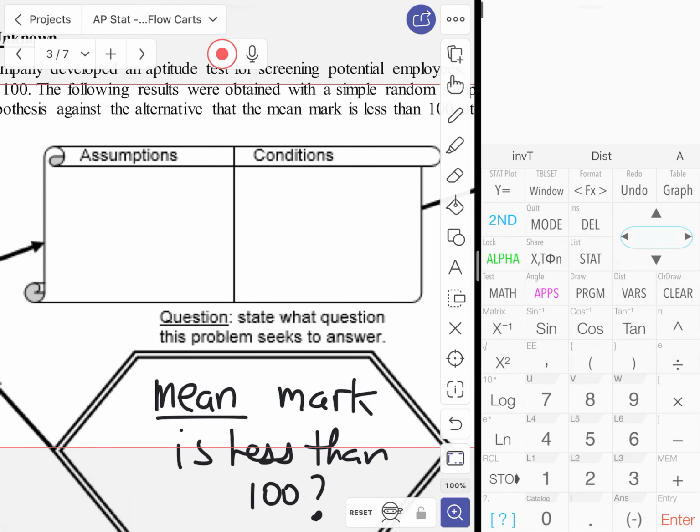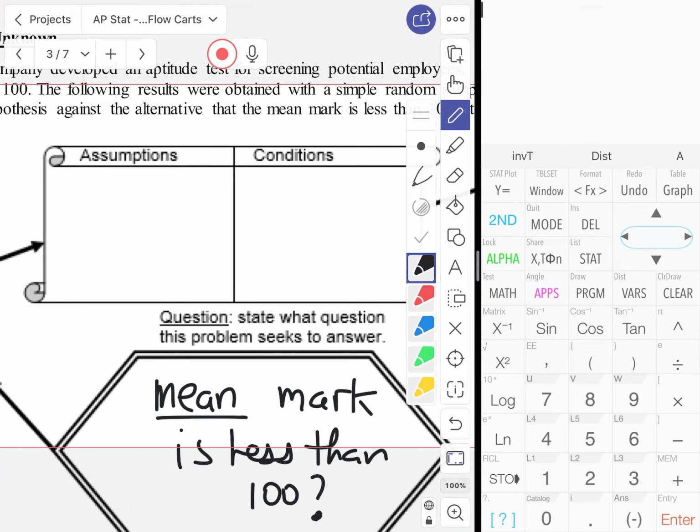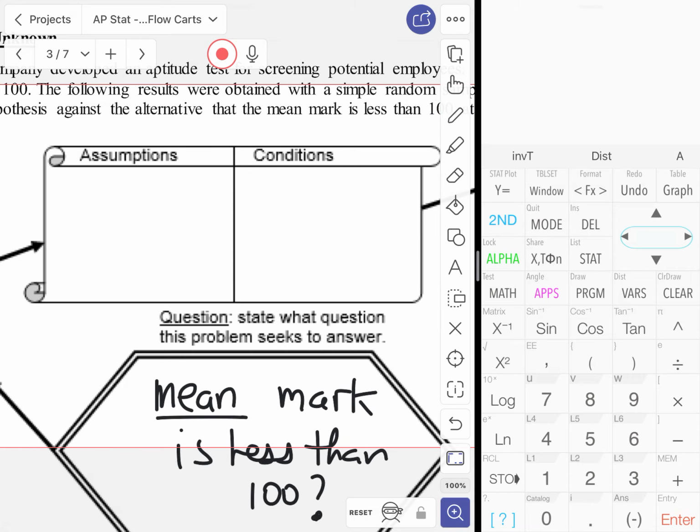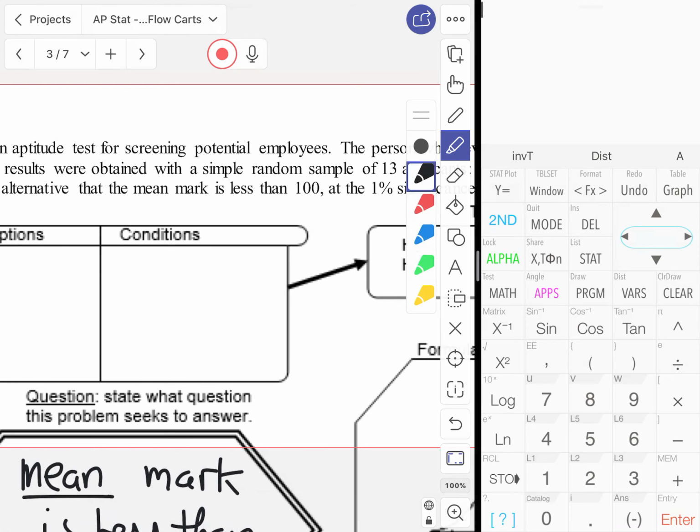All right, so now we get into assumptions and conditions. The possibilities, you go back to the first page in this packet. The things that we have to account for are simple random sample, which they state explicitly in the problem, which is great. That makes it a condition, because a condition is really just an assumption that has been verified.